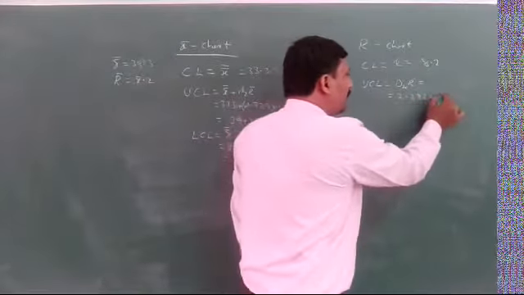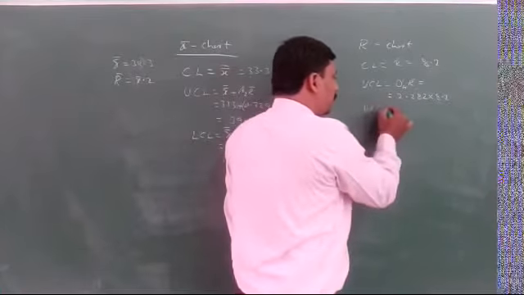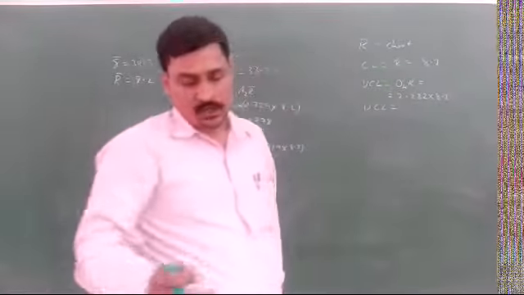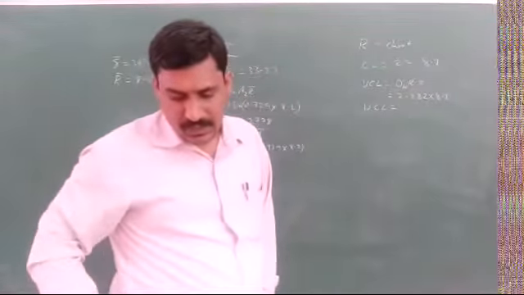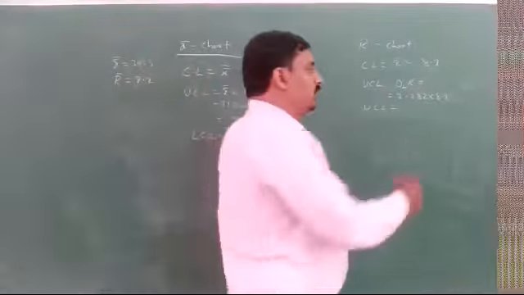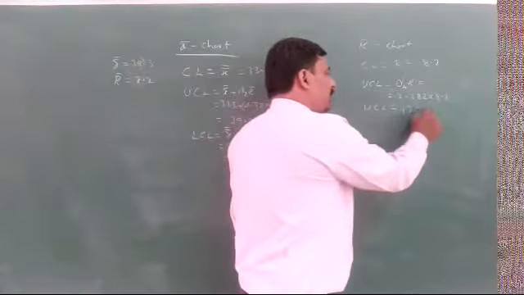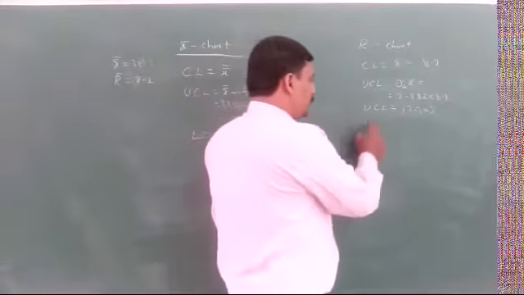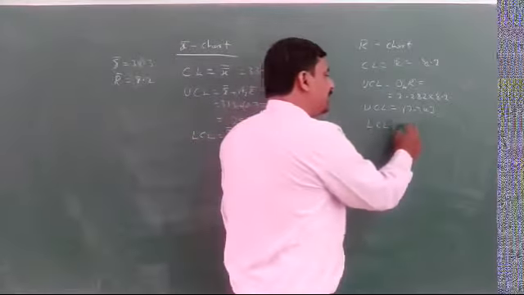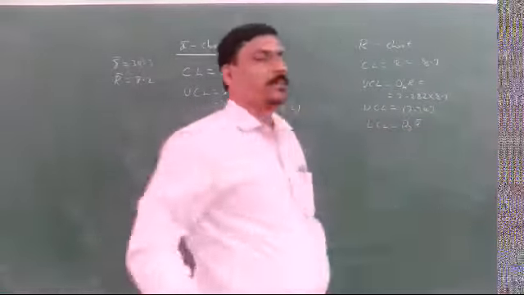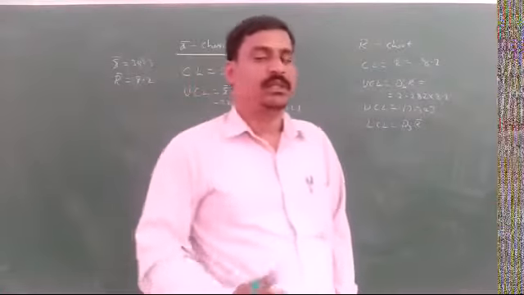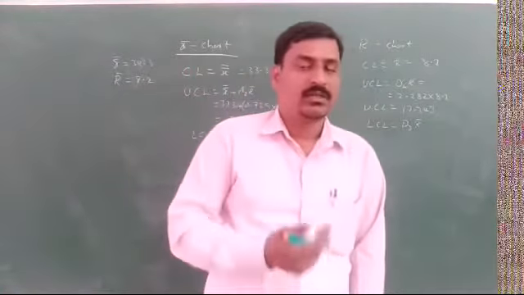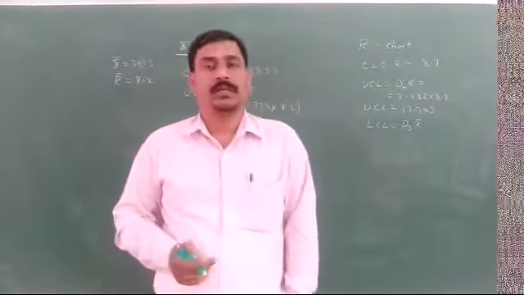2.282 into 8.2. So upper control limit is 2.282 into 8.2, which is 17.343. Then lower control limit is D3 R bar. As D1 is 0 for certain sample sizes, D3 is also 0 for certain sample sizes.